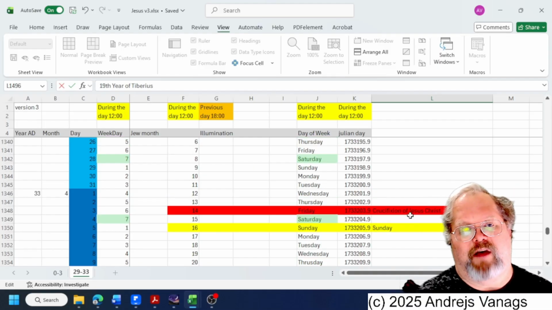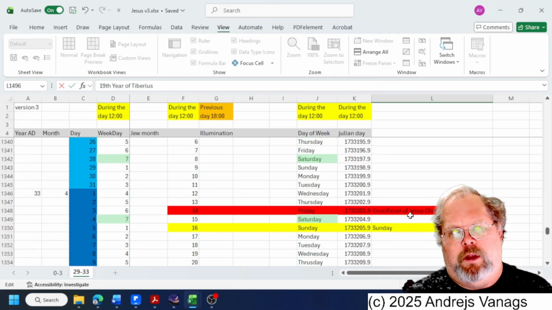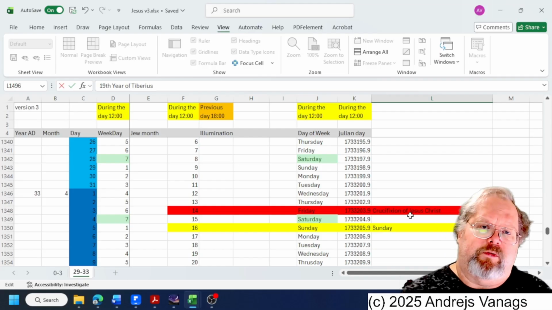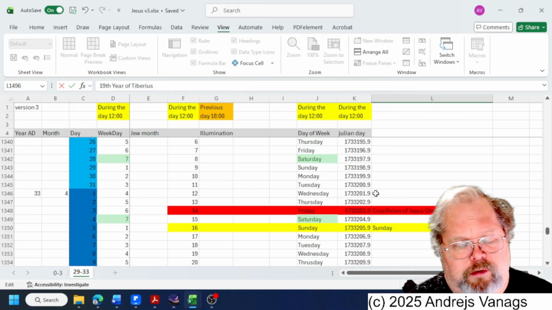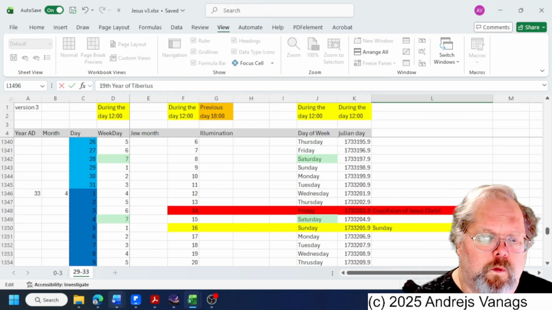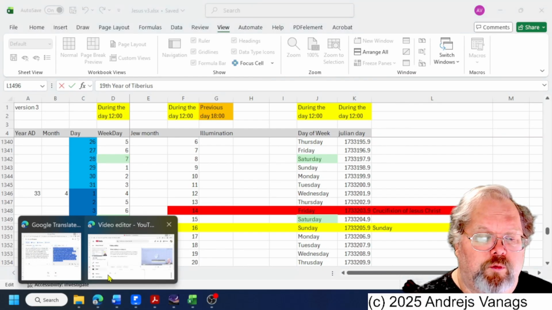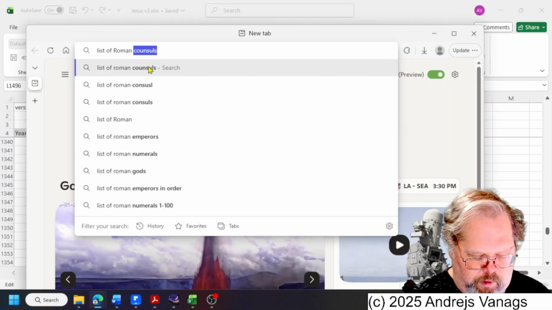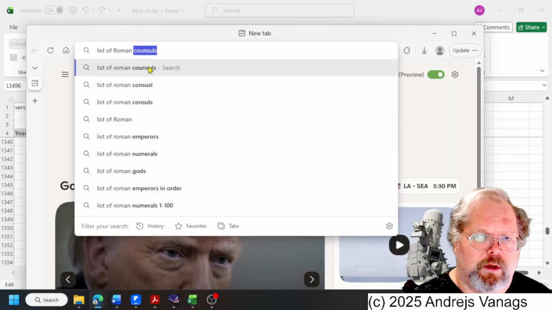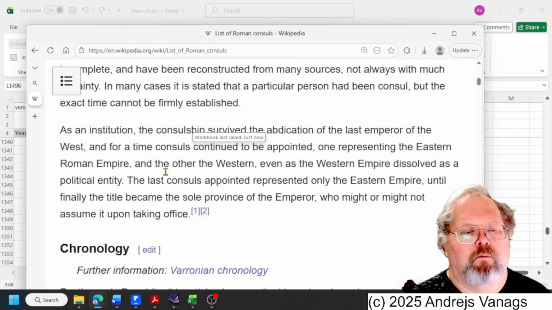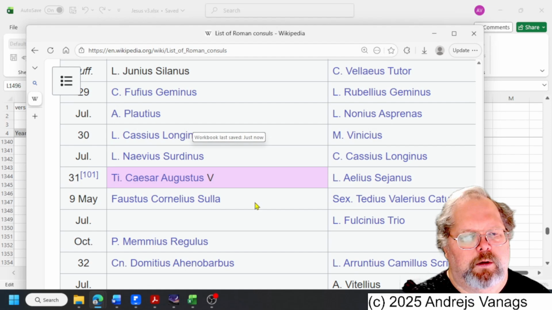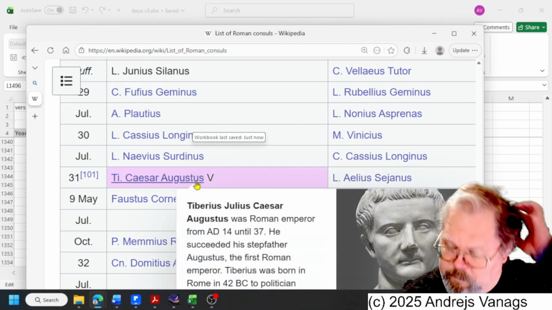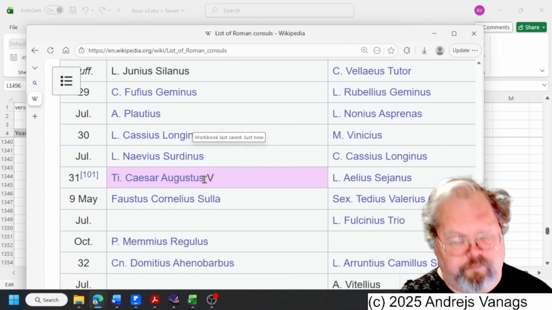Some ancient books have 19th year of Tiberius because they were confused about the extra set of consuls on the Roman consuls list. Interestingly enough, we can add the Roman consuls for each one of those years. So if we go to the commonly accepted list of Roman consuls for the first century, we'll see that they're defined by the first set of consuls on the first of the year.